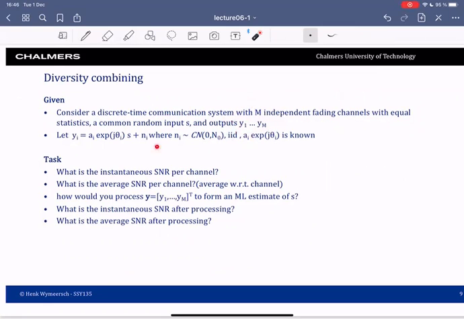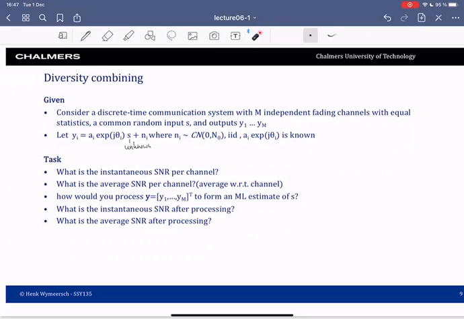So just as before, we write these outputs as follows. yi is the channel, which is given by an amplitude and a phase, times the data plus noise. And this S is unknown. The noise is just standard complex Gaussian, IID, and we assume that these channels are known. So we've sent some training sequence or a pilot, and we've estimated these channels.